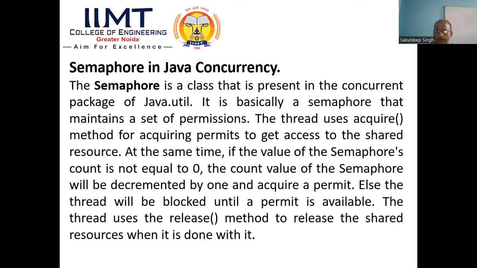If the value of the semaphore count is not equal to 0, the count will be decremented by 1 and the permit acquired, else the thread will be blocked until a permit is available. The thread uses the release method to release the shared resource when it is done with it.